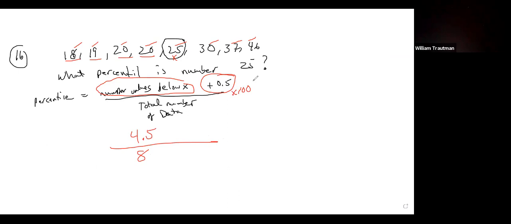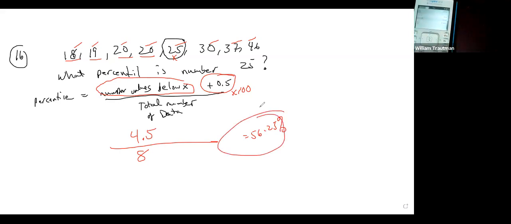So that's the formula. Please organize your workbook so you're able to find these. And you should get 56.25%. And since our data is whole numbers, once again, I would round it to 1 decimal place.